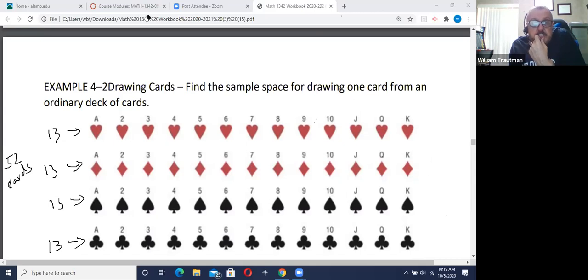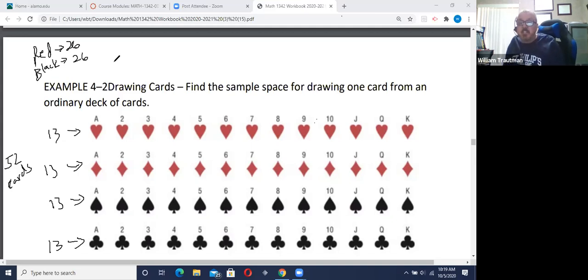13 hearts, 13 diamonds, 13 clubs. How many red cards are there? 26. 26 red, 13 and 13, and there are 26 black cards. 26 and 26 is 52.